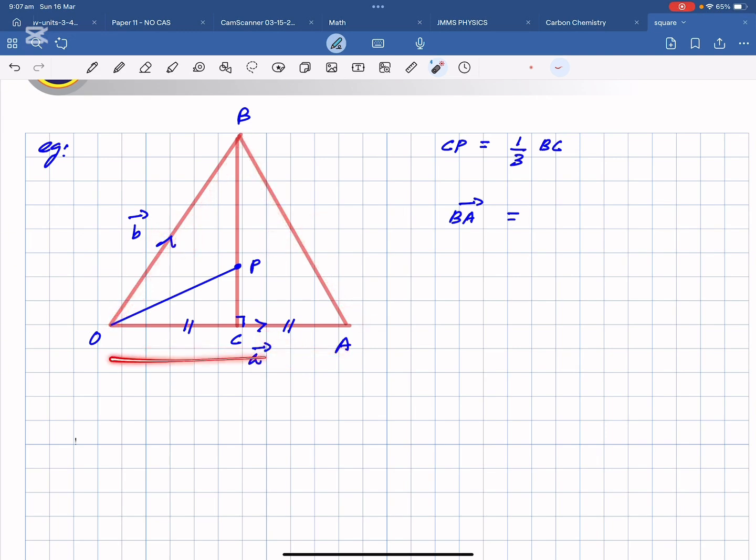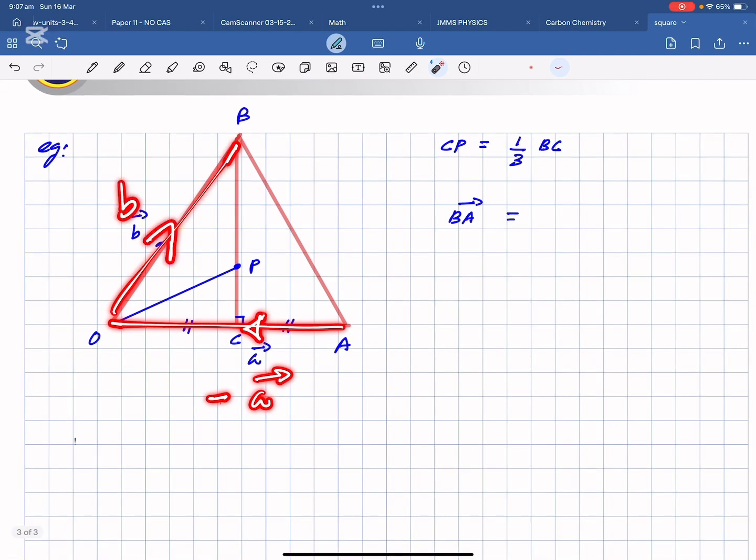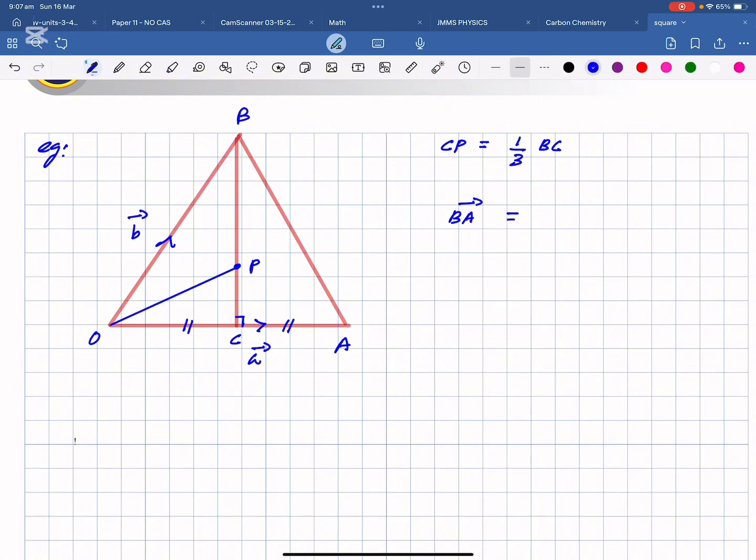Why did I choose this one? Because of this arrow here in that direction, so it's convenient. Otherwise I can do it this way, so this is going to be minus A vector, plus this one, then B vector. Still can do, right? Okay, what I want to say, BA vector is A vector minus B vector. Yeah, BA is equal to A minus B.